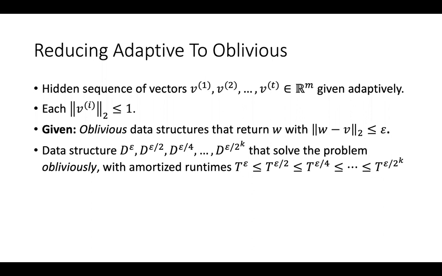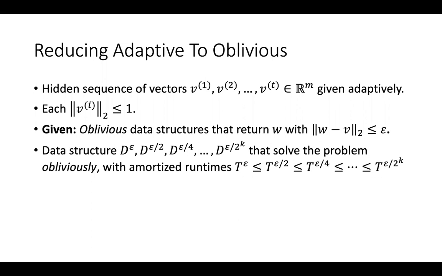Each vector has L2 norm at most 1, and we are given oblivious data structures that, given v, return a w, which is probably going to be sparse in fact, with w minus v L2 norm at most epsilon. It's important that you can check basically that you can return a w that's close in L2 in a randomized way with L2 norm at most epsilon.